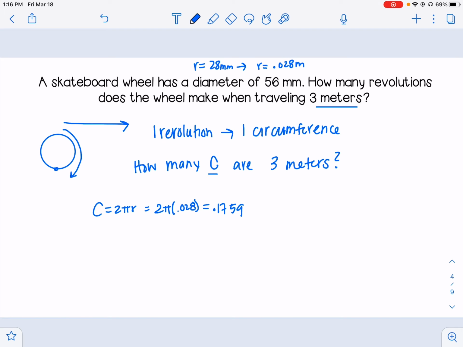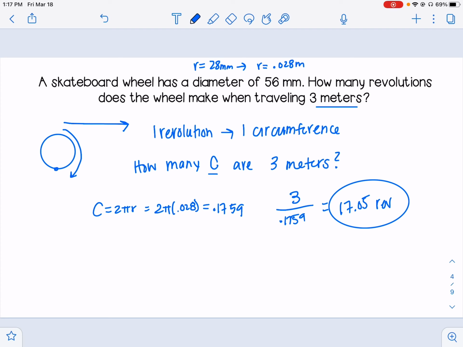So if I'm trying to figure this out, I'm going to do 3 meters divided by the circumference. It's going to tell me how many revolutions I actually did. So I actually did 17.05 revolutions was our final answer here.